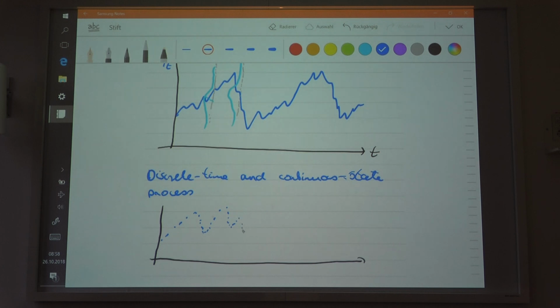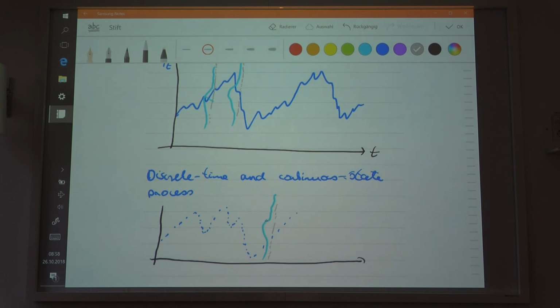And here, for all observation points, you have, for instance, the normal density. There is always the possibility for the stochastic process to be something else.